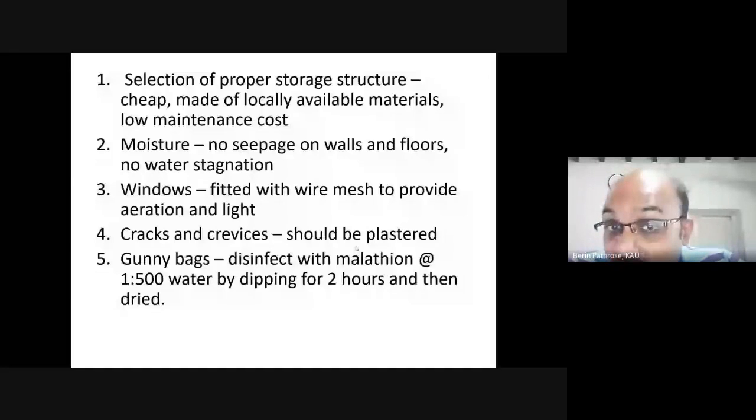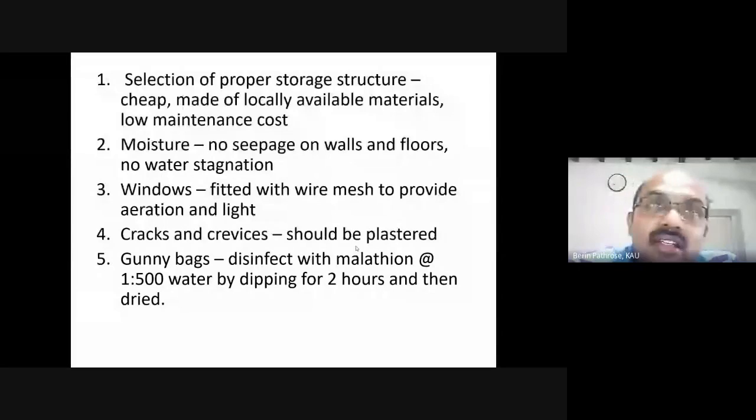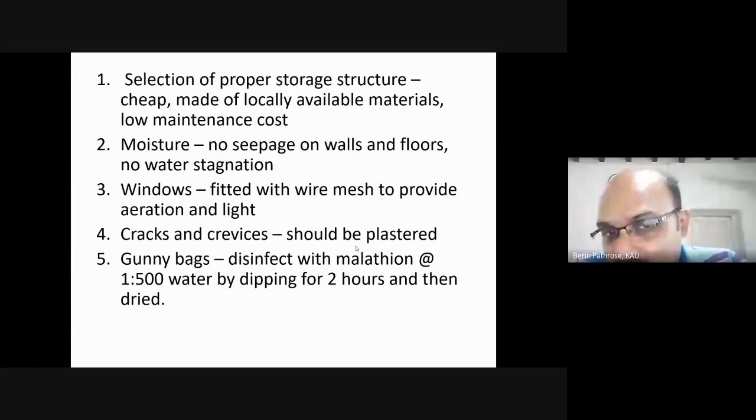There should not be any seepage on walls and floors, because in heavy rainfall areas, just like we have experienced in the last 3 days of continuous rainfall, you can see in certain parts of the buildings, even in your home, some seepage of water. That should not be permitted. Seepage of moisture means damage to grains. That is one of the most prominent factors which we have to take care of.